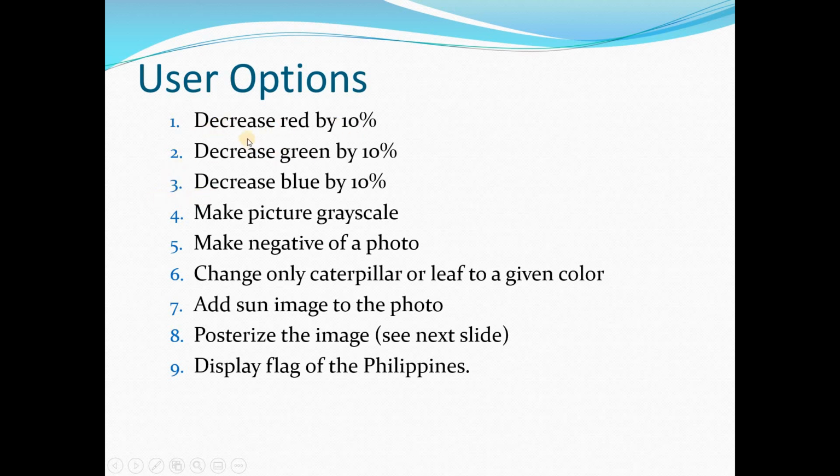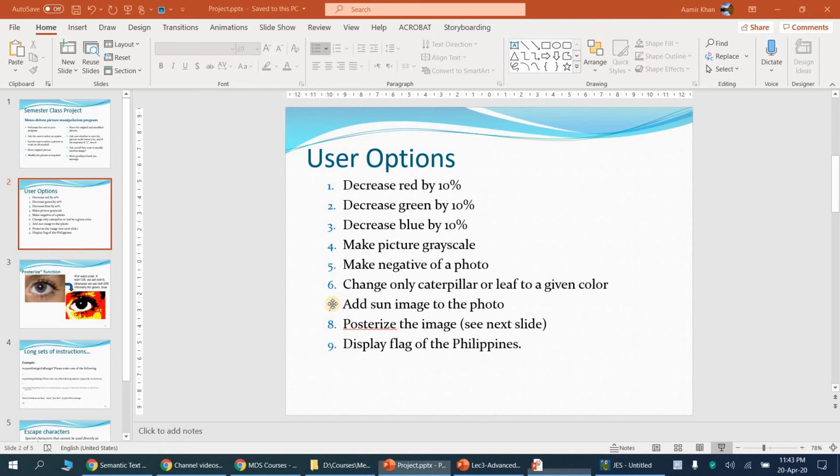The first function should only decrease the red color by 10%. So all of them are clear. Out of these, some options you have done many times in class, like grayscale and negative of a picture. And let me make it simpler for you.